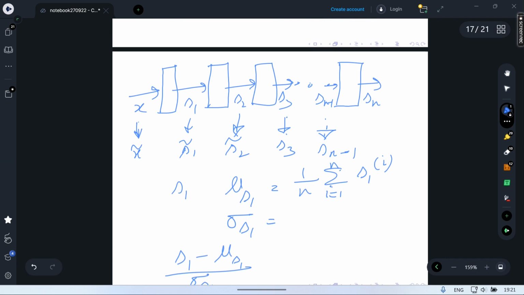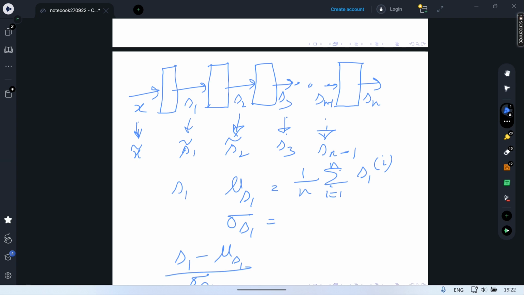If you do it during training, it will be very slow. Why? Because remember that in mini-batch stochastic gradient descent or stochastic gradient descent, when we calculate the gradient, we don't have the whole training dataset.